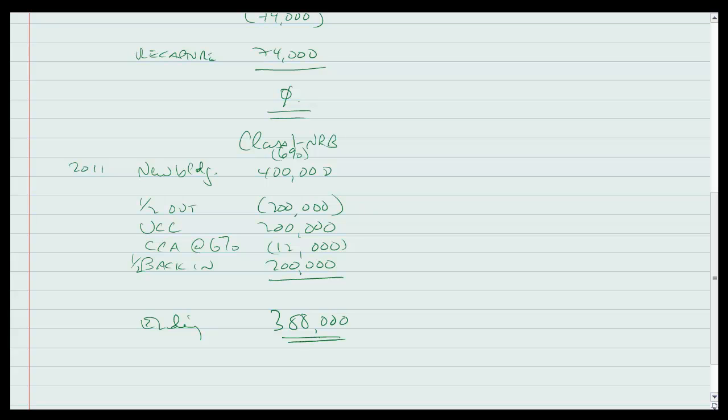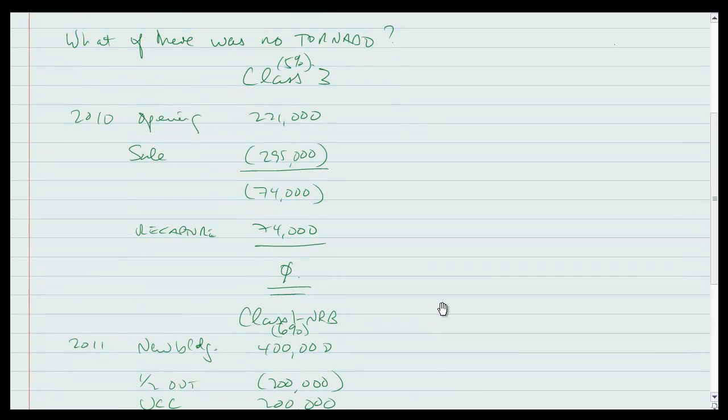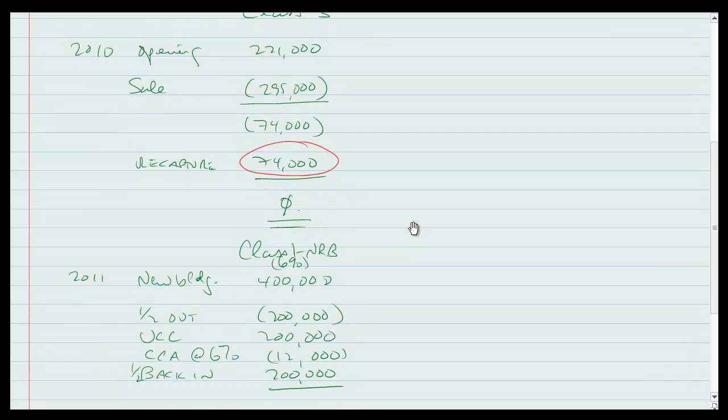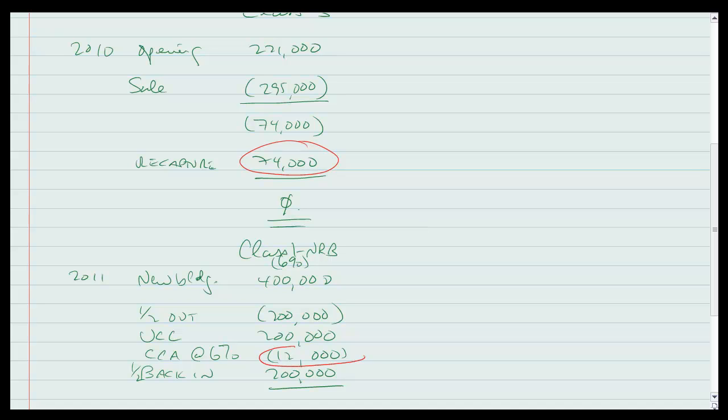So that would be the story if we had just bought and sold these things. From a taxable income perspective, it means we had $74,000 in 2010 being taxed, and then $12,000 being deducted in 2011.